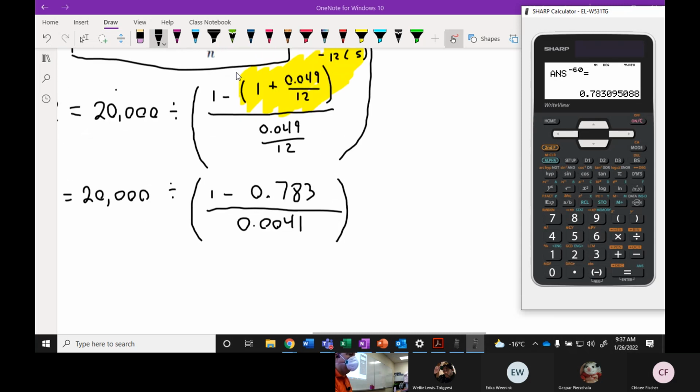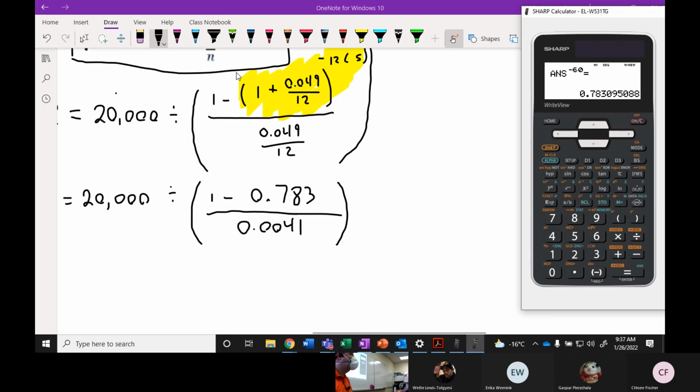So what did you do so far? That is 0.049. Want me to do it again? So I did 0.049 divided by 12. That gave me 0.004, and I wrote that number down here because that's the bottom.